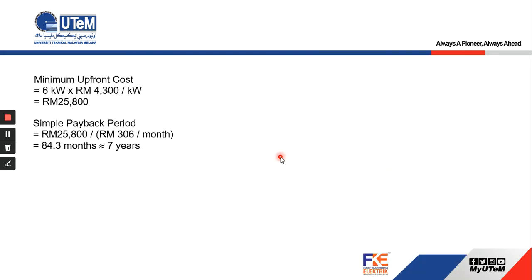So we go back. 25,800 divided by 306 ringgit savings per month, so we get 84 months. After 84 months or 7 years, we are going to get back the 25,800 that we invested.